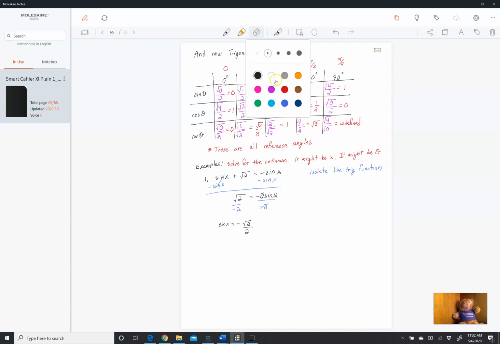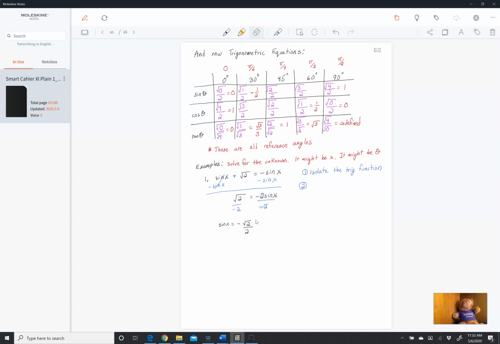Now what? Well, now we have to find x. We found the sine of x. We found that the sine of x is equal to negative root 2 over 2. But there are two answers here, okay? Because we have two angles where we have negative root 2 over 2. Two angles that have the same sine, okay? Remember, the unit circle is symmetrical.